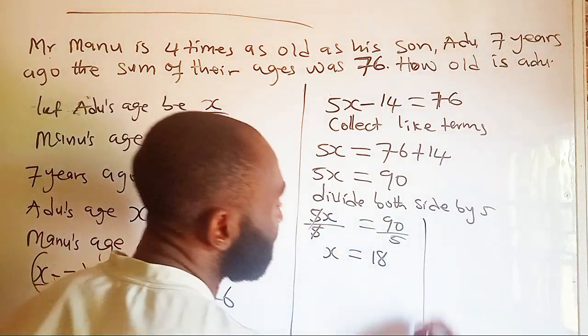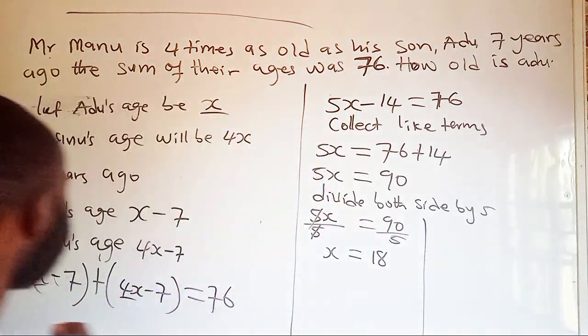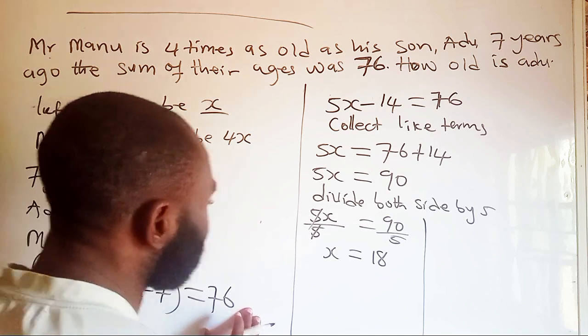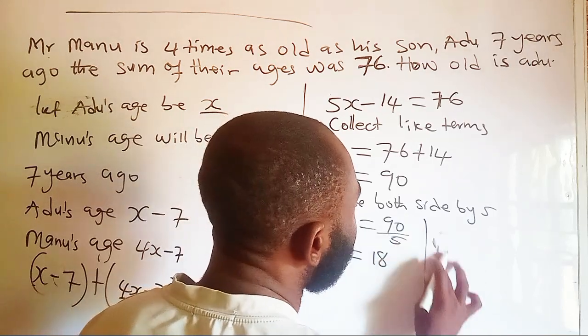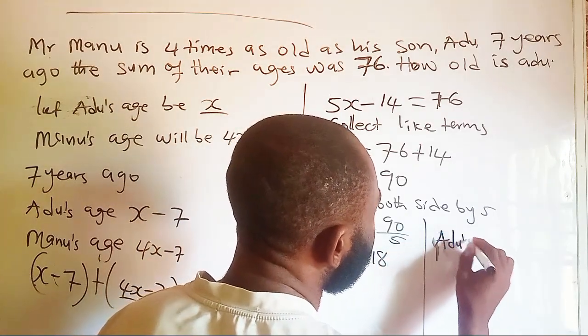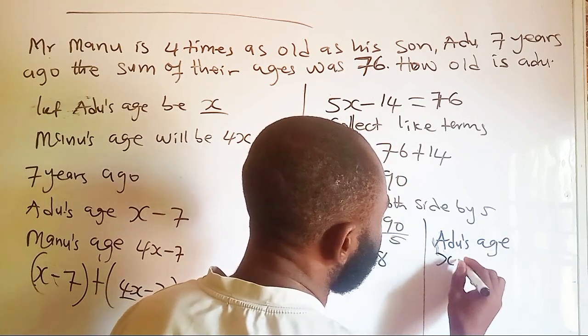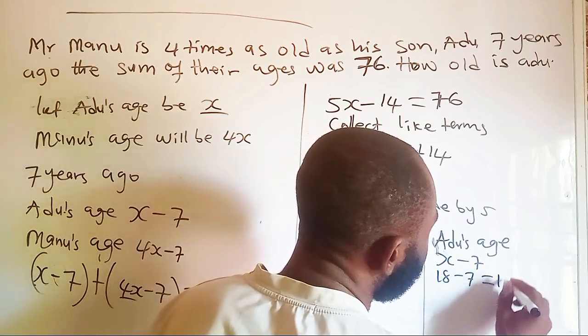So let's see how true it is, if we are correct or not. Here, when we know the age of the son and the age of the father, that will give us 76 when we add up together. So x, which now is 18, for Adu's age, x minus 7 means 18 minus 7, that will give us 11.